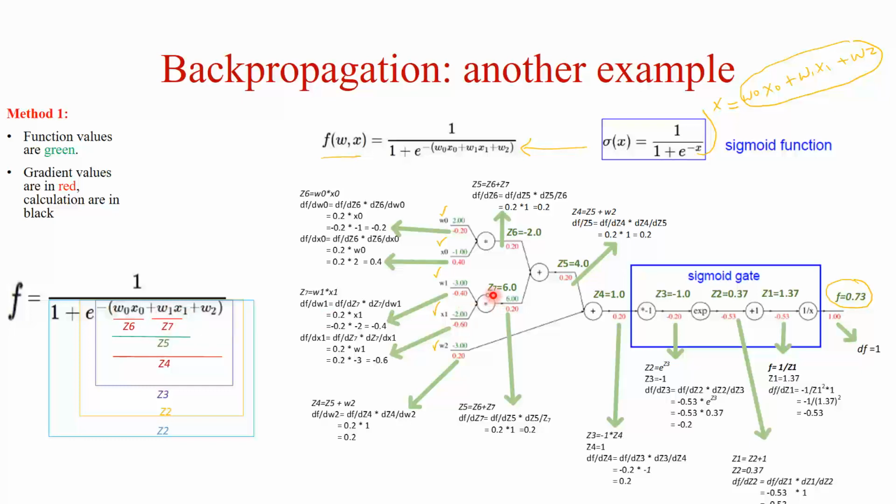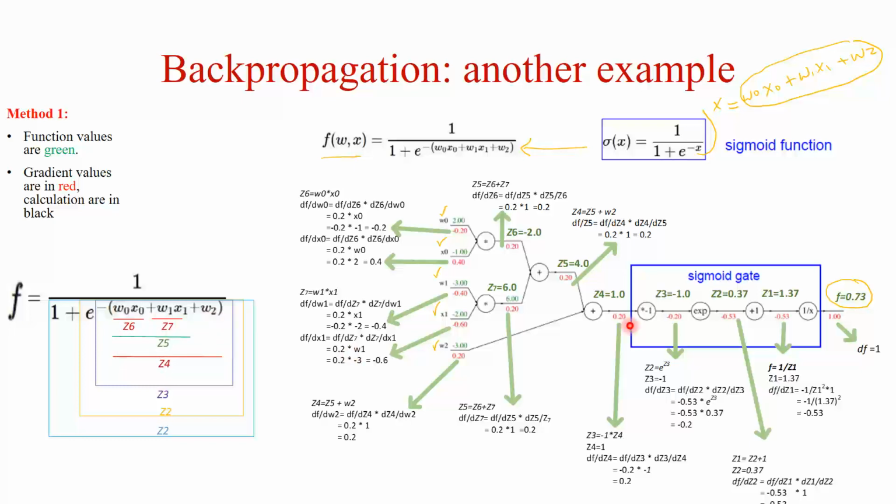You can see w1 and x1 multiply, and the result is in z7. And z5 is the addition of z6 and z7, which is basically w0 multiplied by x0 plus w1 multiplied by x1. And when you add w2, you get z4. This is the z4 variable.